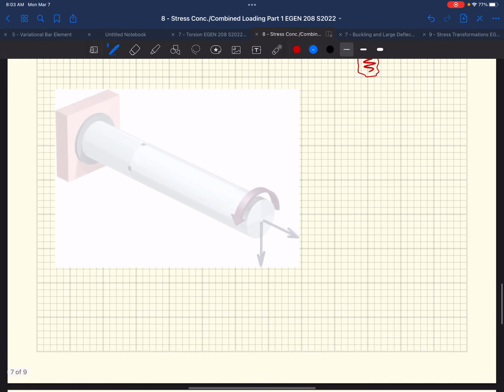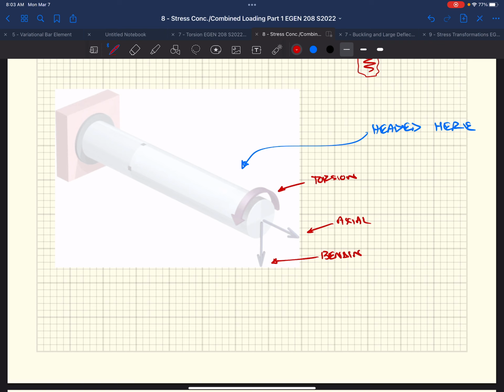So where are we headed? Well, we're headed to this scenario, where we have torsion, axial, and bending.